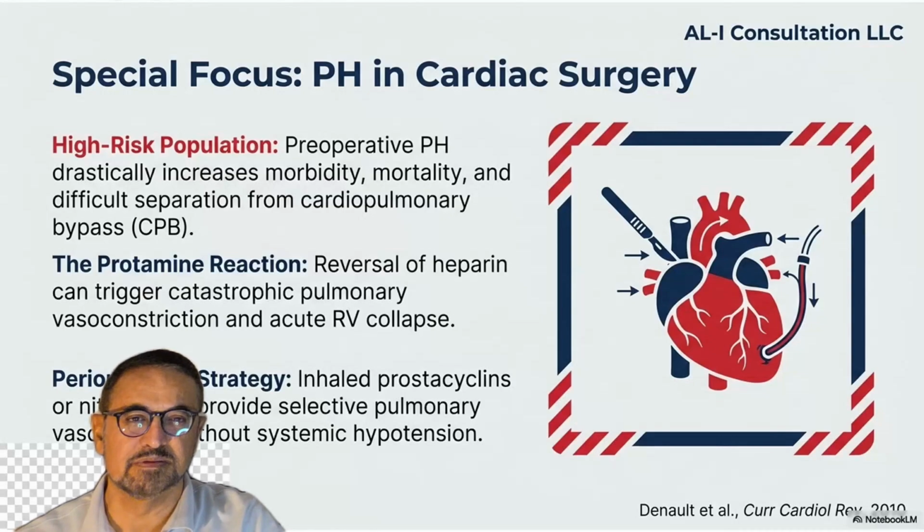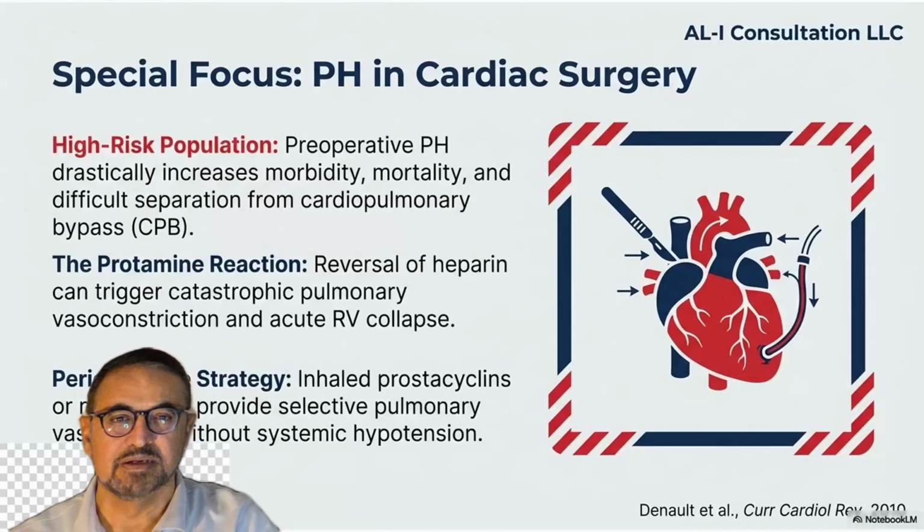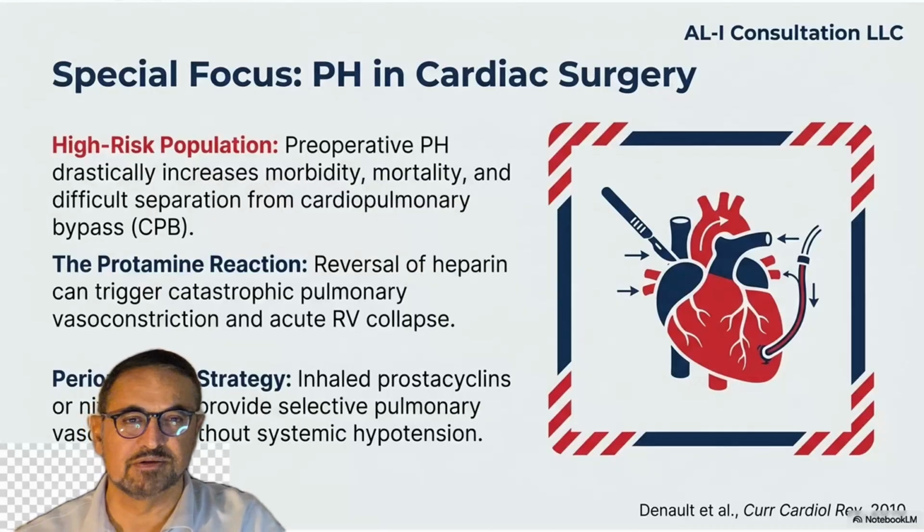For heparin reversal, patients are sometimes given protamine, and that can cause acute pulmonary vasoconstriction with abrupt RV failure. When severe pulmonary hypertension is present, selective pulmonary vasodilators such as inhaled nitric oxide or inhaled prostacyclins may help because they reduce pulmonary vascular tone without causing the same degree of systemic hypotension. In these patients, anticipation and hemodynamic planning are everything.